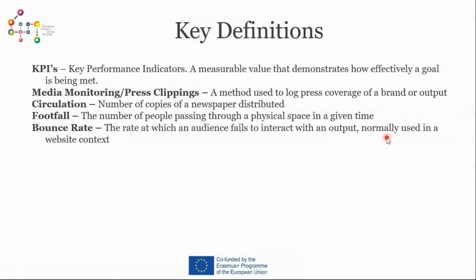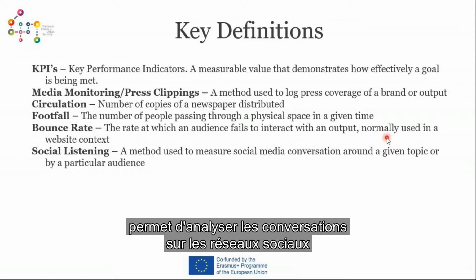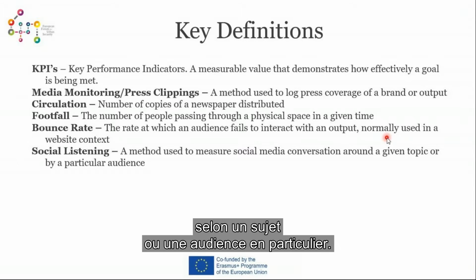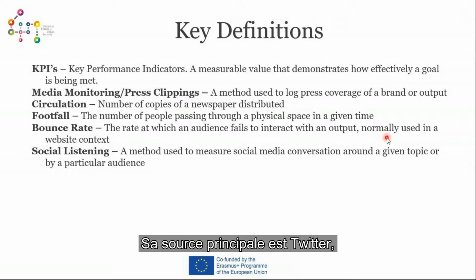That's a bounce. Then there's social listening, and you may come across this term quite a lot. This is a method that's used to measure external social media conversation around a given topic or by a particular audience, and usually the main source is Twitter because of its very public facing nature.